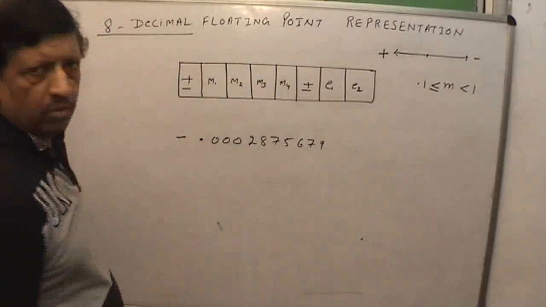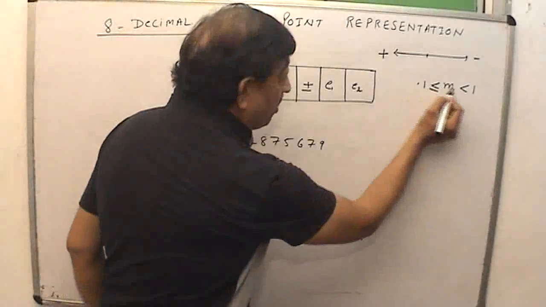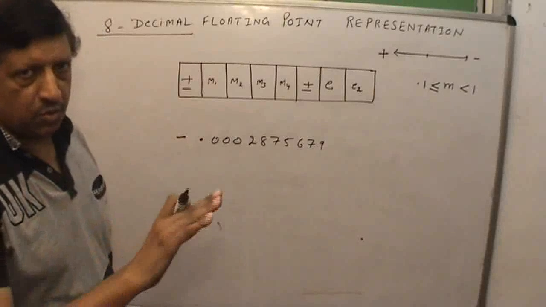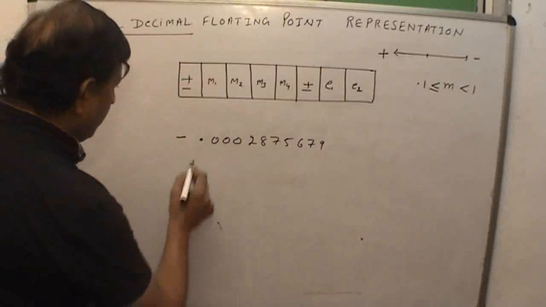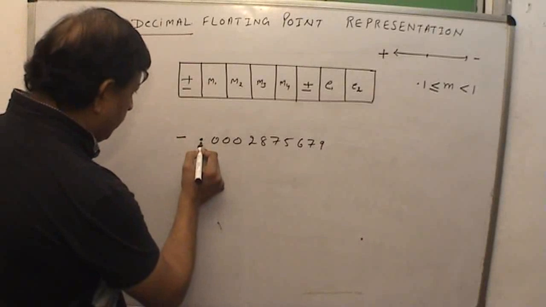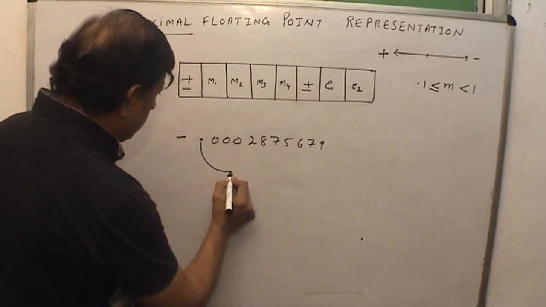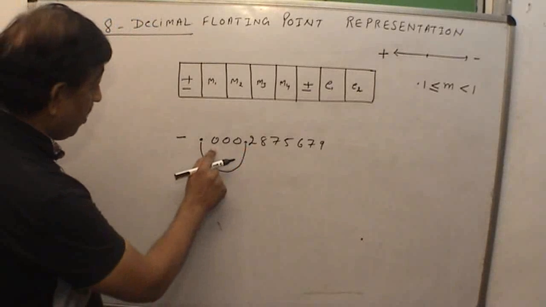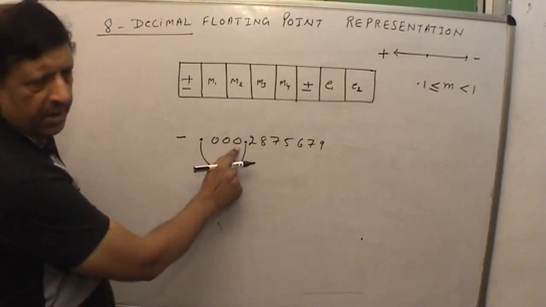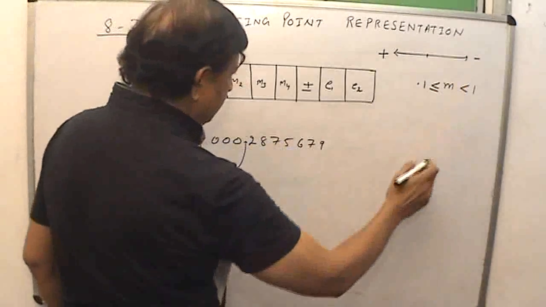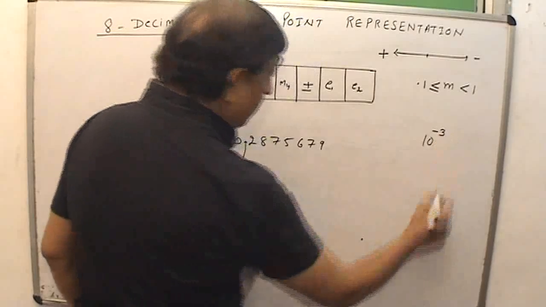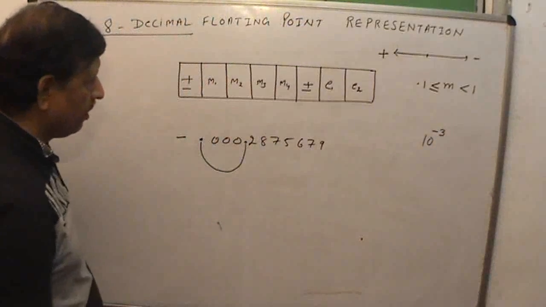Here we know our mantissa lies between 0.1 and 1. It means before the decimal there should not be any digit. It means we will have to shift this decimal to this place. How many? 1, 2, 3. 3 places on the right hand side. It means exponent 10 raised to the power minus 3.